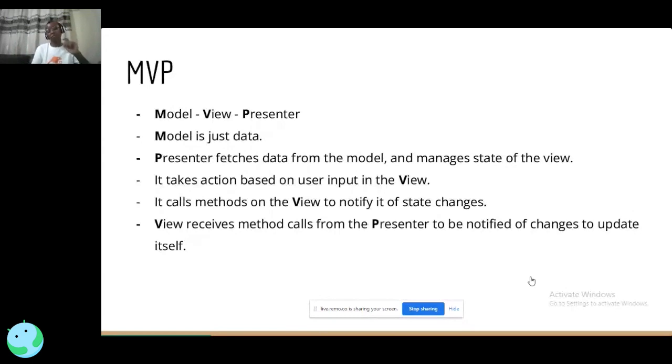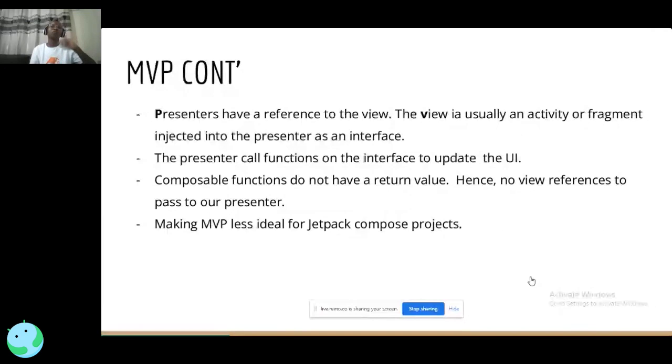MVP uses callbacks to the view when we have changes, and so it has to have a reference to the view. Most of the time, the view was an interface implemented by an activity or a fragment, and this interface has to be injected in the presenter so that the presenter can update the view when there are changes.